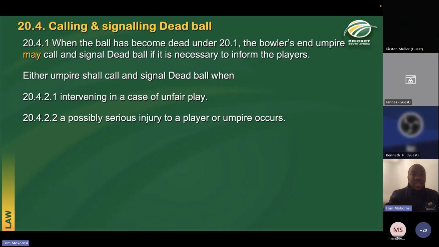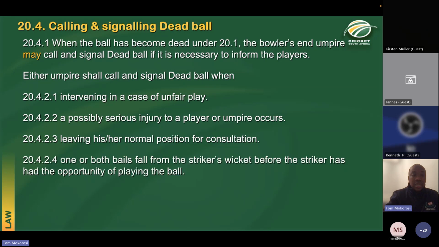We need to call and signal dead ball when there is a possibility of a serious injury to a player or an umpire. We need to call and signal dead ball when leaving our normal position to consult with our partner. We need to call and signal dead ball if one or both bails fall from the striker's wicket before the striker has had the opportunity of playing the ball.